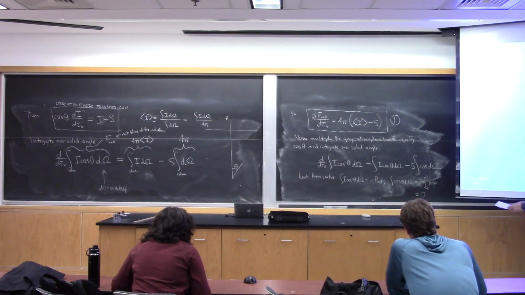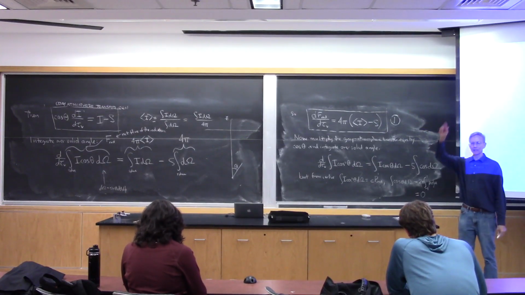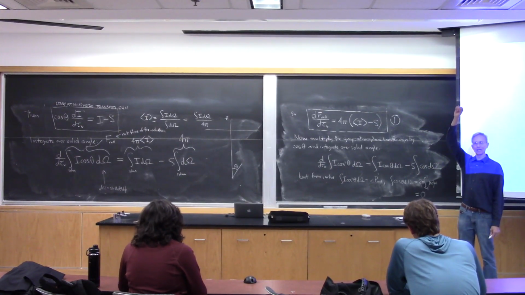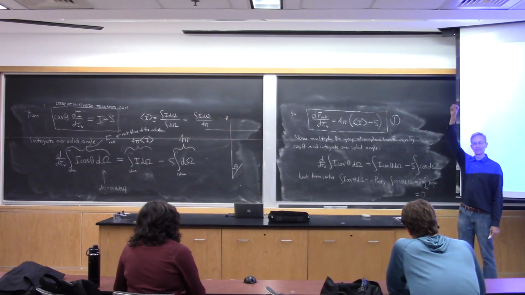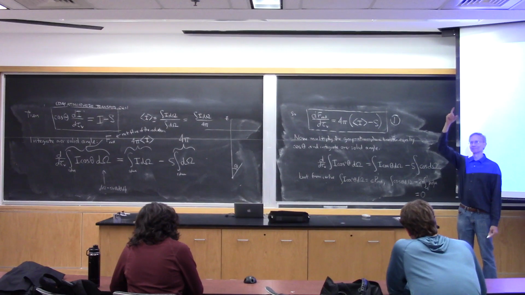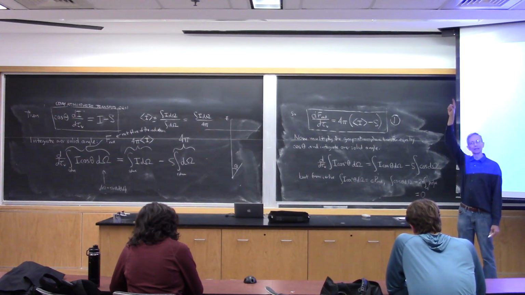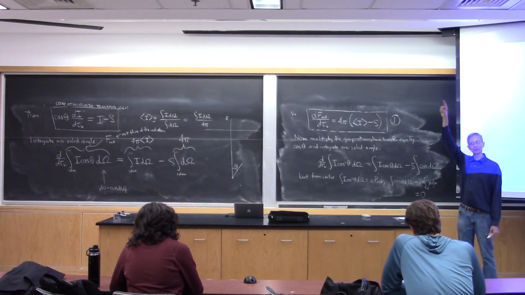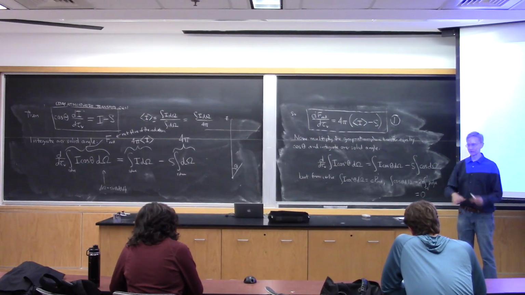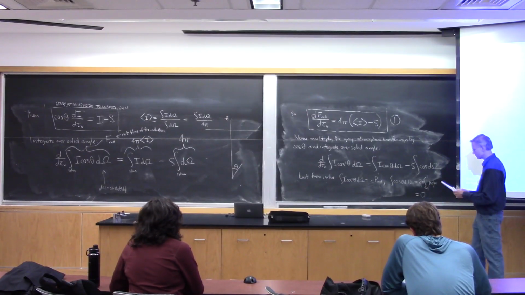So the cos theta integral gives 0, which makes sense if you think about it, because cosine theta is positive between 0 and pi over 2 as much as it is negative between pi over 2 and pi, and so it all cancels out when you do the cos theta integral. So that gives you 0.